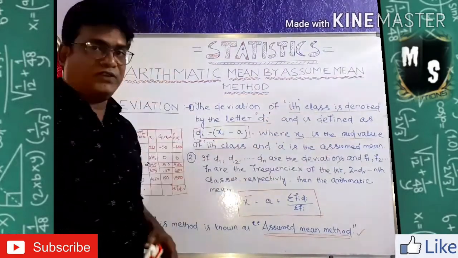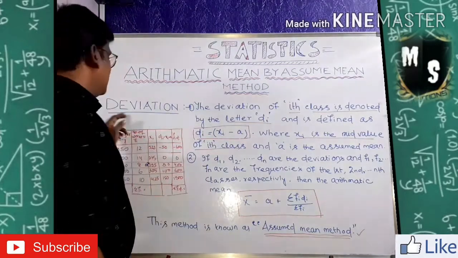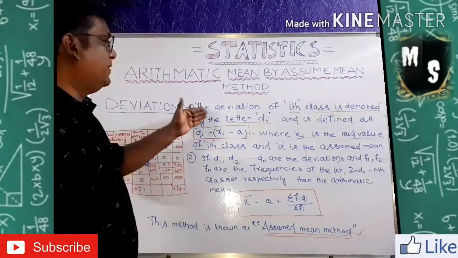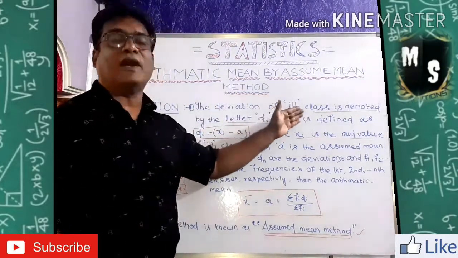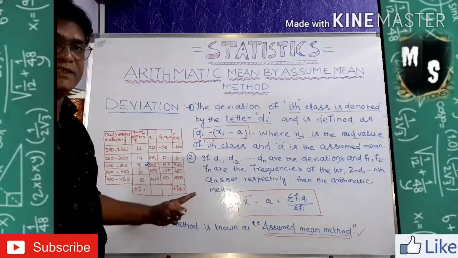I will explain all of these things, but first you should know what the definition says: the deviation of the ith class. Let's come to the ith class. See, I made a statistical table here.